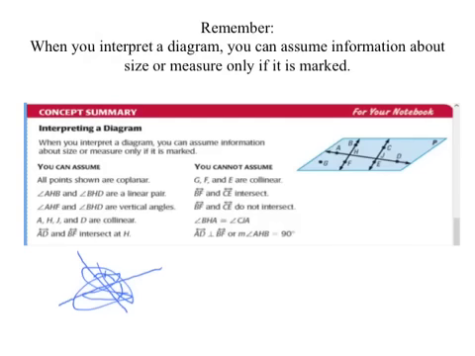You cannot assume BHA and CJA are congruent. All right? You cannot assume AD and BF are perpendicular, or that the measure of AHB is 90 degrees. None of that's said in this diagram, so you cannot make those assumptions.